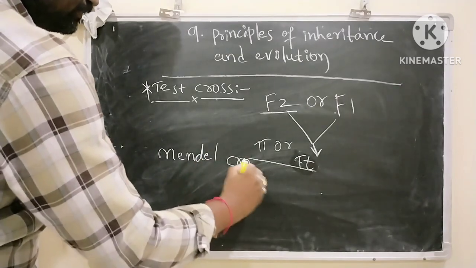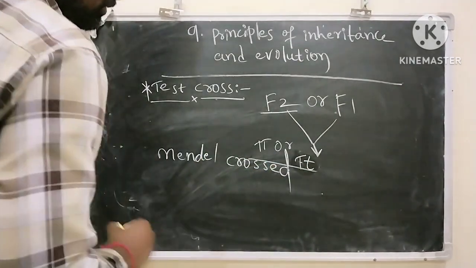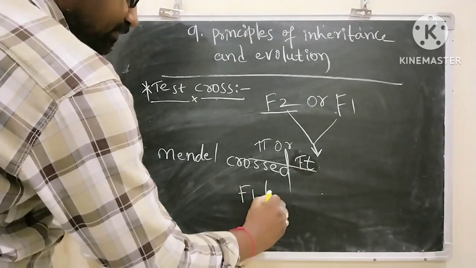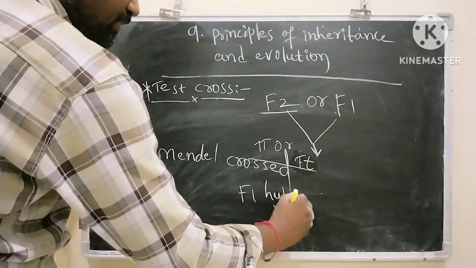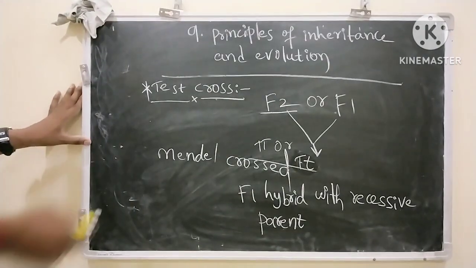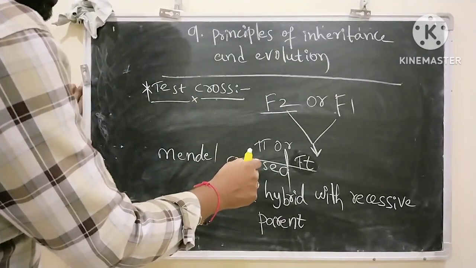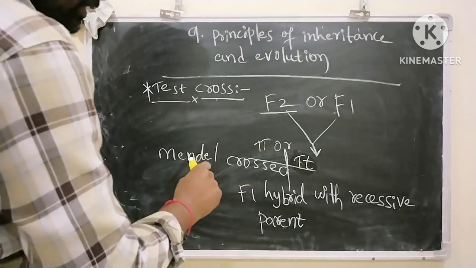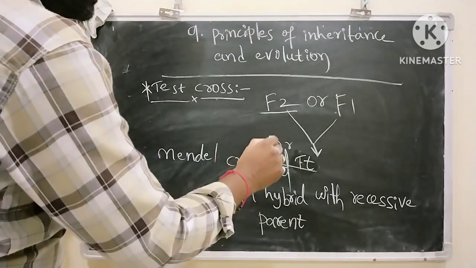For this purpose, to know about the trait at F2, Mendel crossed the F1 hybrid to determine the genotype of a dominant phenotype. Why?